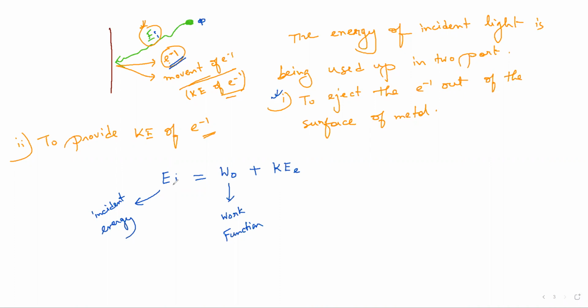So you can change this equation. E equals h nu. What is the value of W naught? W naught equals h nu naught. Kinetic energy equals half mv square, and this is the important equation.